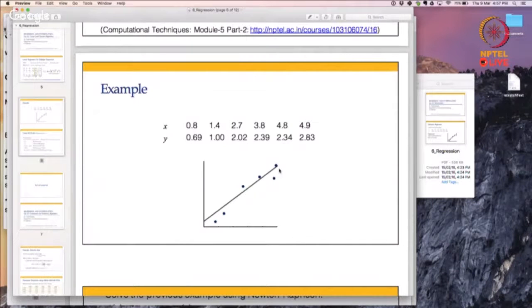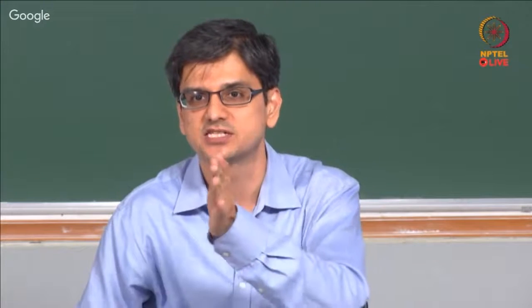The curve that you will fit is a plus bx plus cx square plus dx cube plus ex to the power 4. You will get the values of a, b, c, d and e, and let's say you wanted to find the derivative d by dx of this. The d by dx is going to be b plus 2cx plus 3dx square plus 4ex to the power 3.